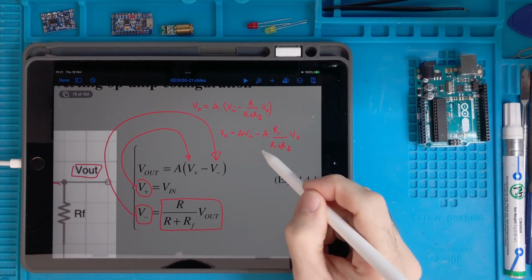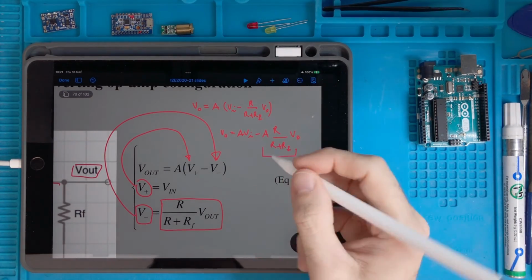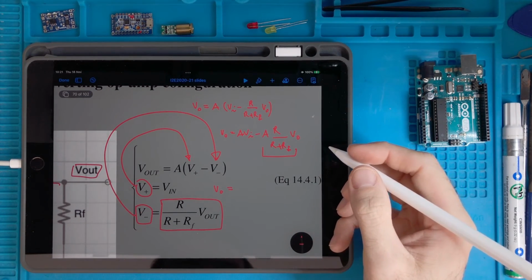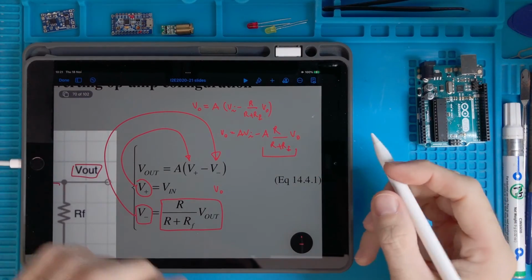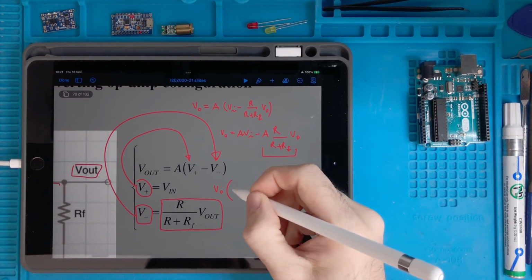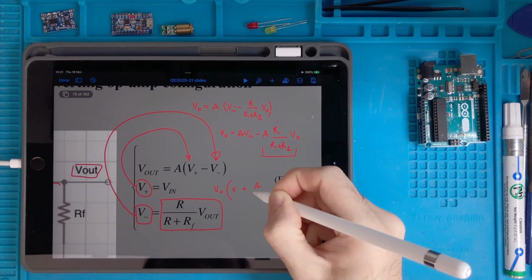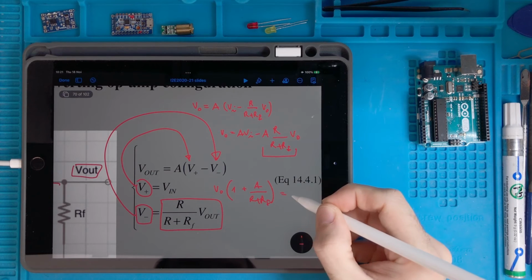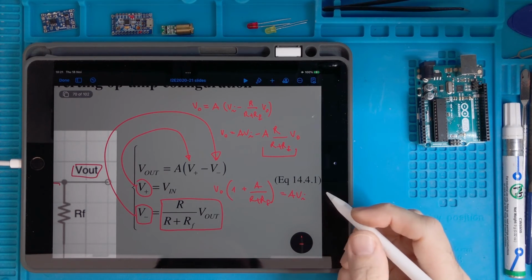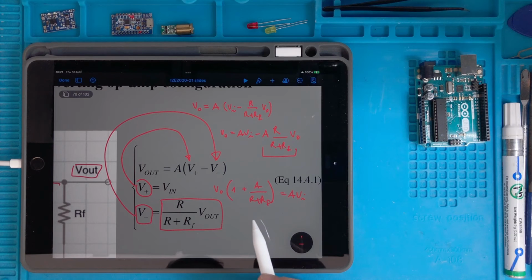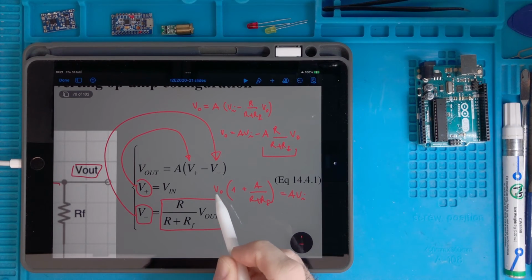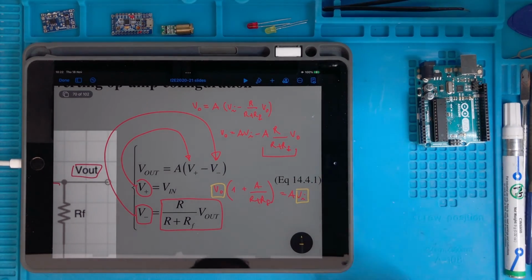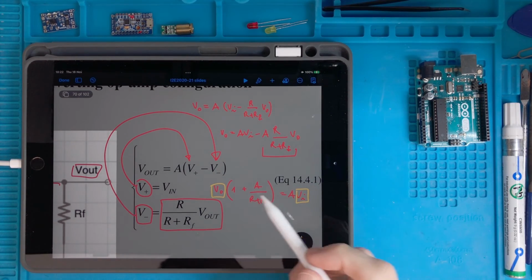Then we bring this term on the other side, and we get V out multiplied by 1 plus A R over R plus RF equals A V in, and then I can compute the ratio between the output V out and the input V in out of this equation.